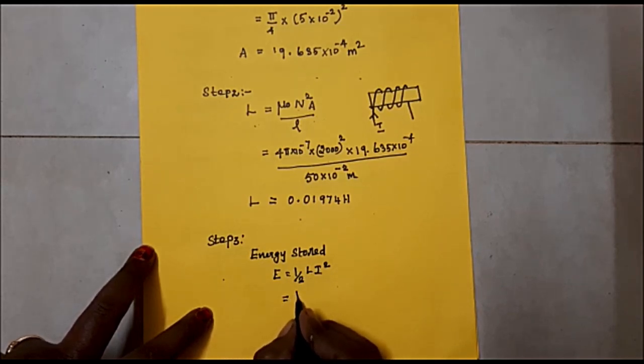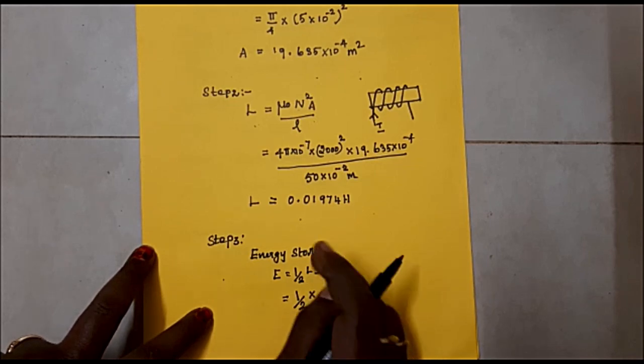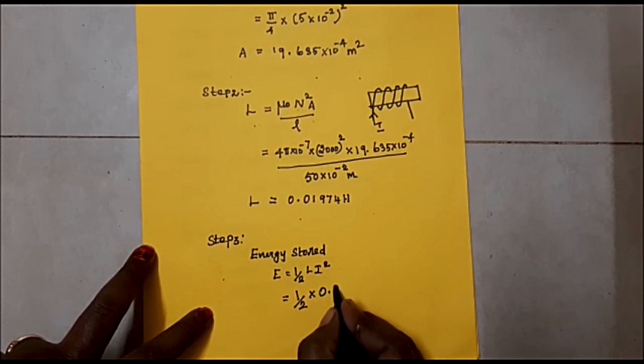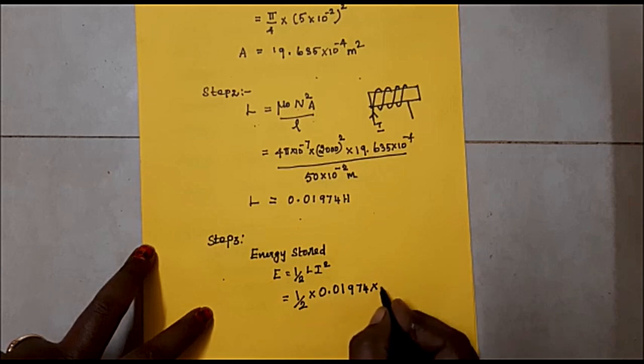Now we are substituting the values in this expression. Half, and we have already found the inductance value in step number 2, 0.01974, into I squared, where I is 10 amps from the given data.